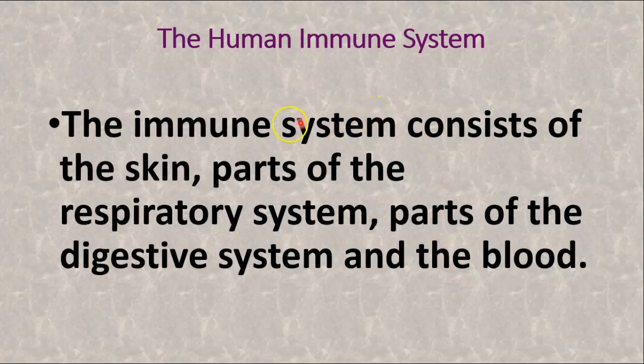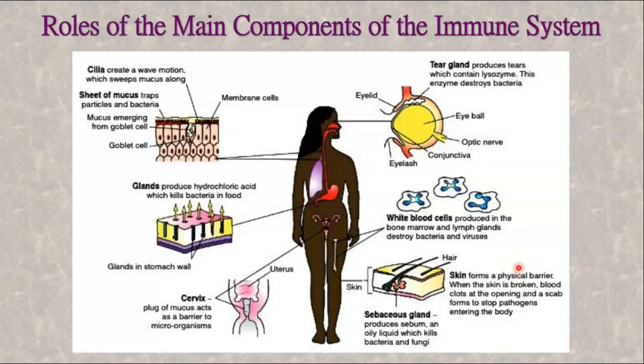The immune system consists of the skin, parts of the respiratory system, and parts of the digestive system, as well as the blood. Let us look at the roles of the main components of the immune system.